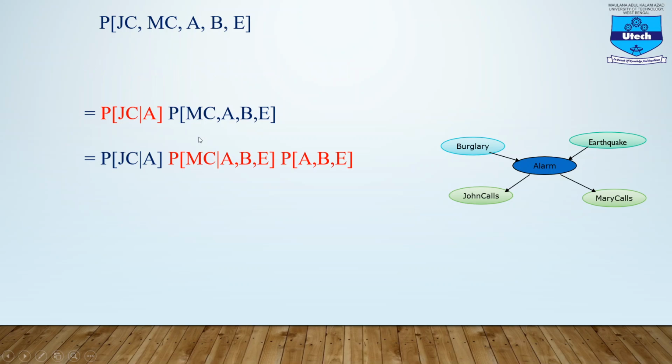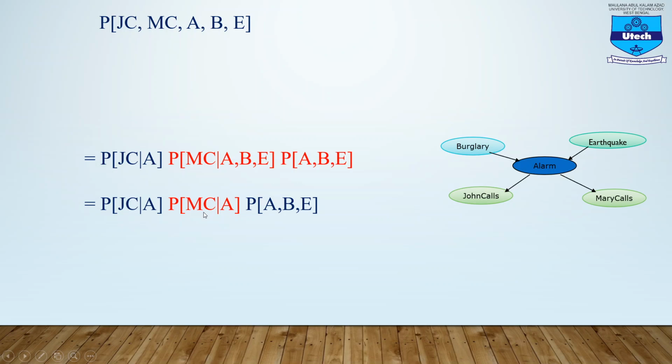Now, take this part as it is. Now this part will be Mary calls with prior occurrence of alarm, burglary and earthquake, and the joint distribution of the probability of alarm, burglary and earthquake. Mary calls has only one parent, the alarm, that is the direct effect, so that stays, and otherwise it vanishes.